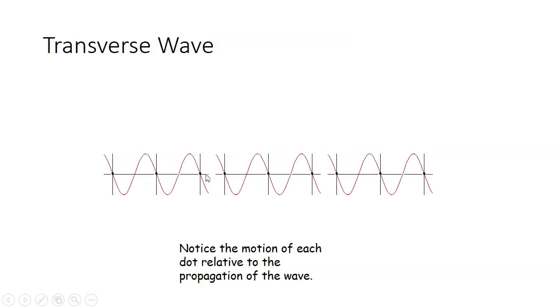Sometimes you'll be asked to draw the transverse wave, sometimes to differentiate or even to define it. Now in this diagram, notice the motion of each dot relative to the propagation of the wave. Each dot is in a straight line, forming a right angle. That's why we are saying it is perpendicular to the wave motion.